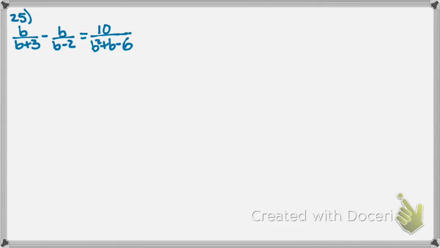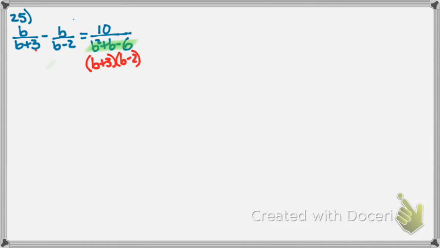To do that, first I'll see if I can break down this denominator. Okay, this denominator breaks down to b plus 3 times b minus 2. So that uses these two denominators from the left, so that's kind of good.